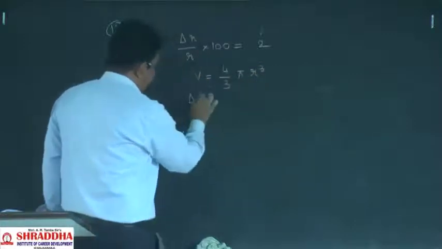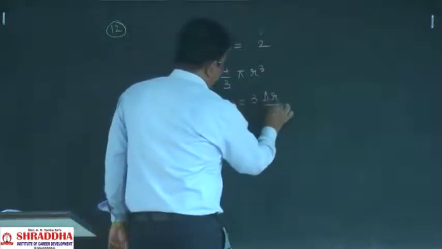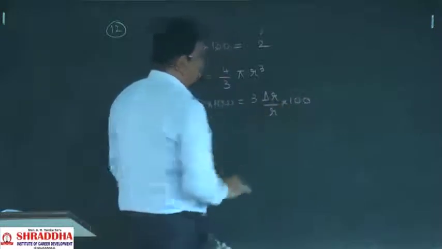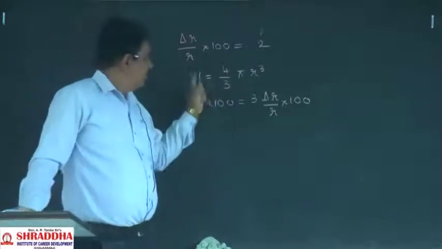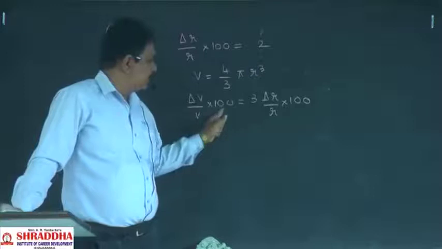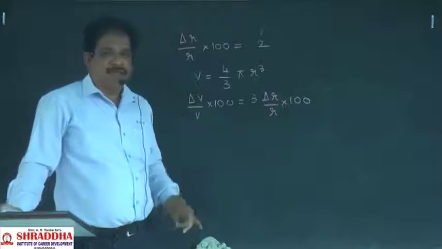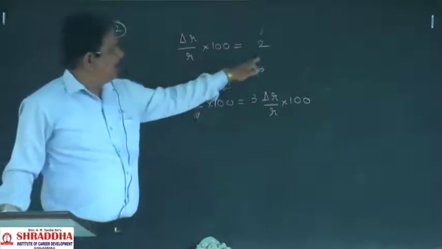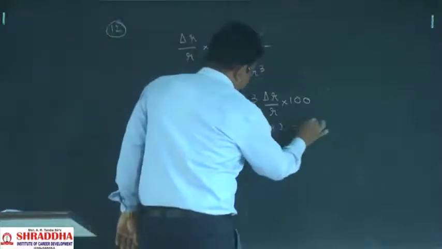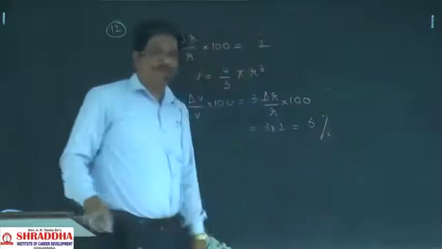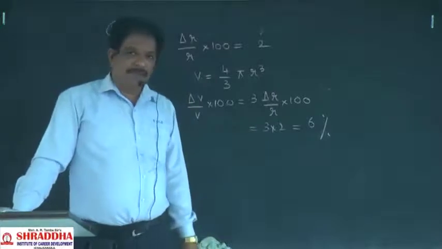So delta V by V into 100 is equal to 3 into delta R by R into 100. 4 by 3 pi will be constant. V proportional to R cube. Delta R by R into 100 is 2. So this will be 3 into 2, equal to 6%. 12th, it will be B.